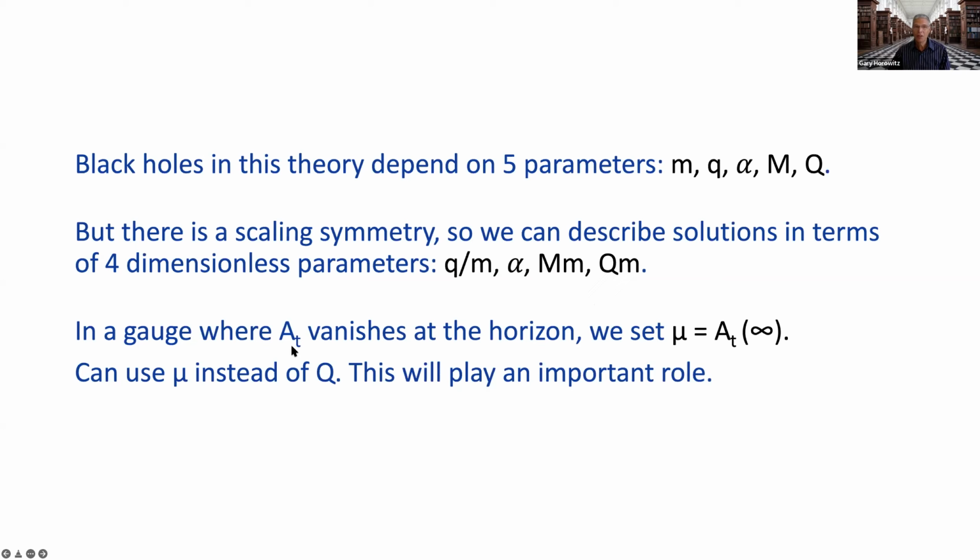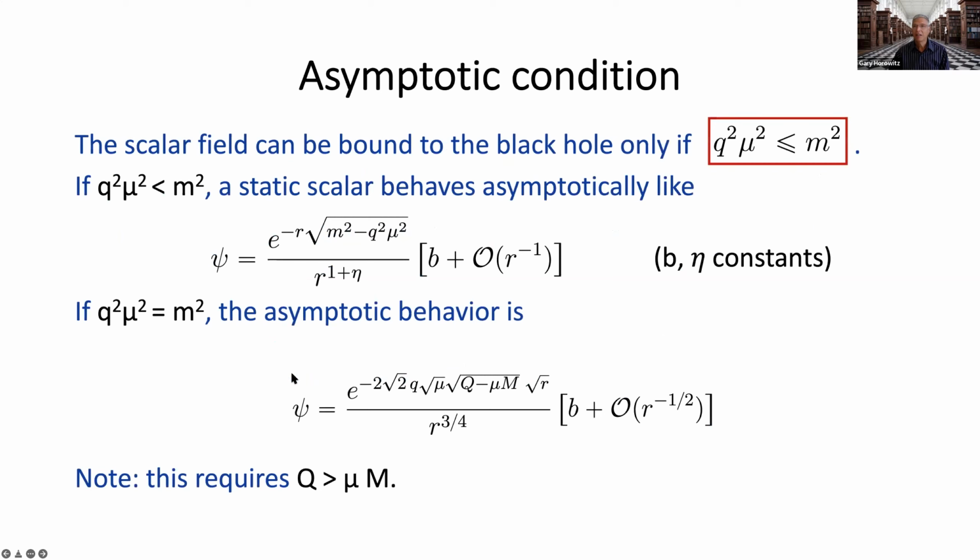In the gauge where the vector potential vanishes at the horizon, we're going to call mu the asymptotic value of this vector potential, and we can use mu instead of q, the charge of the black hole. And so that will be an important parameter, and that's what appears in this asymptotic condition.